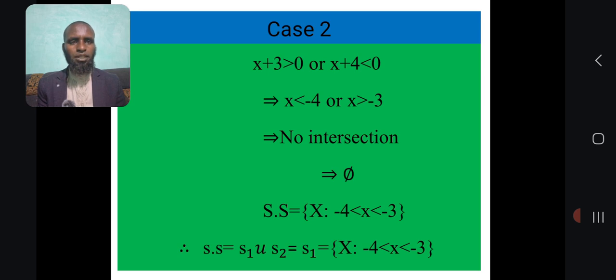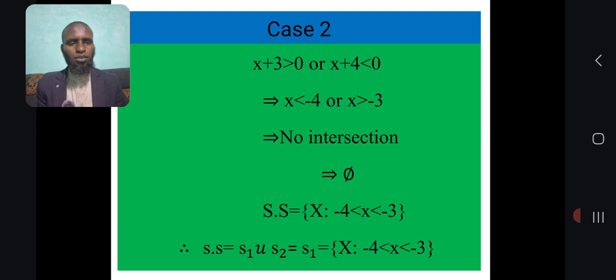The connection between the two inequalities must be "and", not "or", which means the intersection of the two. Then we arrive at the intersection being the empty set.